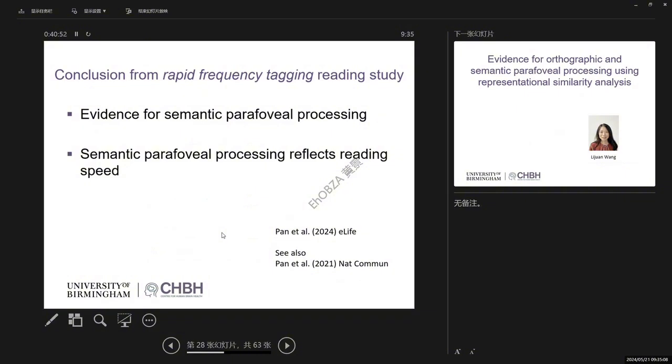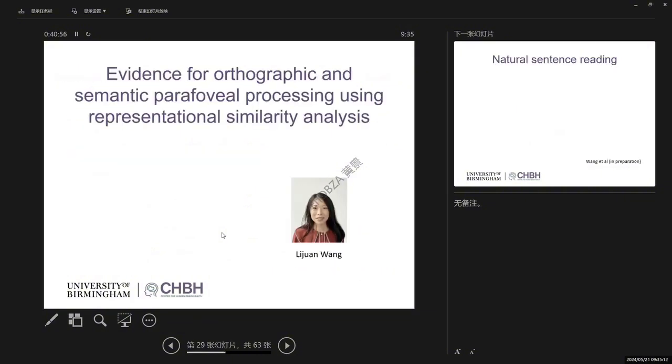Okay. So the next study is done by Lichuan Wang, who used to work at South China Normal University in Guangzhou as a master's student. Now she's a PhD student funded by the China Scholarship Council.